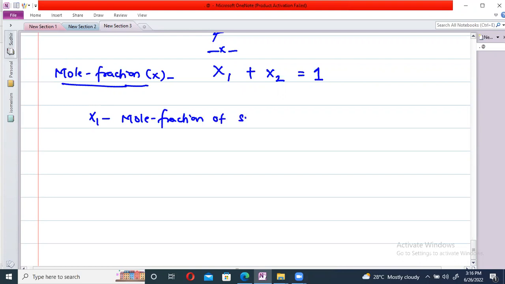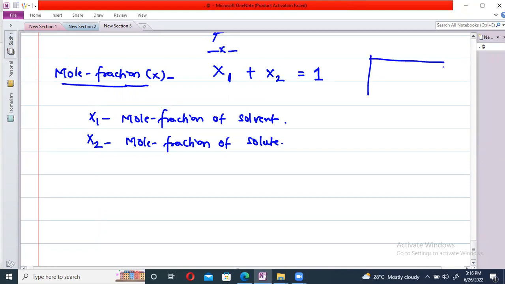Let us consider component 1 as the solvent. So x2 will be considered as the mole fraction of solute. One is a solvent, the other one is a solute. So the mole fraction of all the components in the solution should be equal to 1.